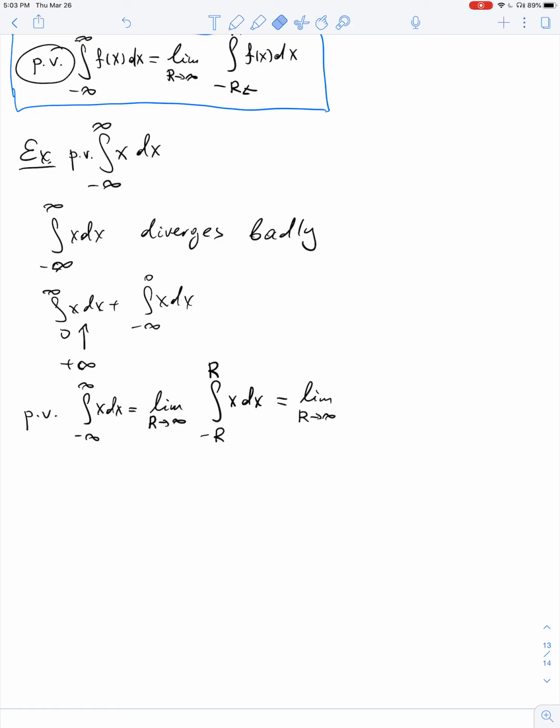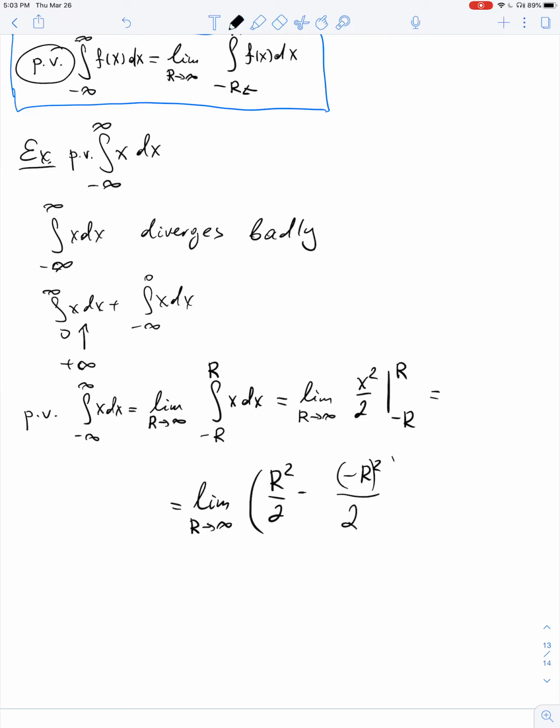I need to write x squared over 2, plugging in the limits. When we plug in the limits, we get r squared over 2 minus r squared over 2, and that's 0. So this thing is 0, and so the limit is also 0.